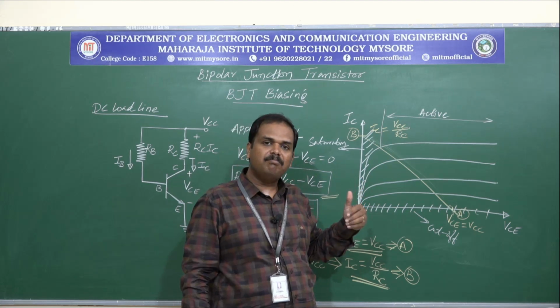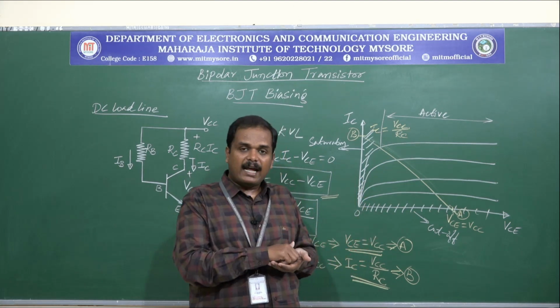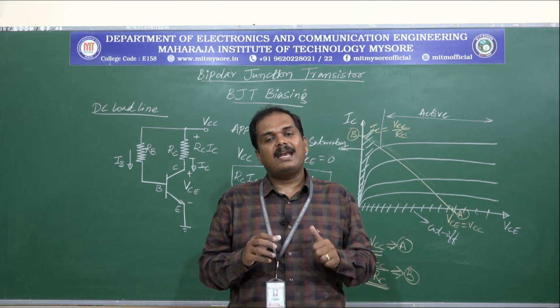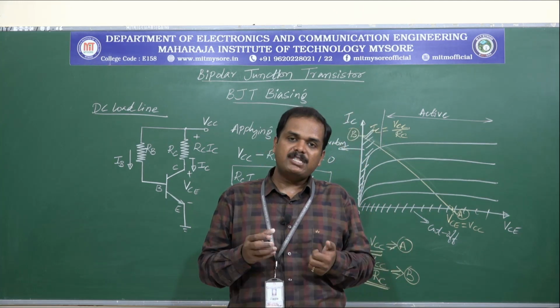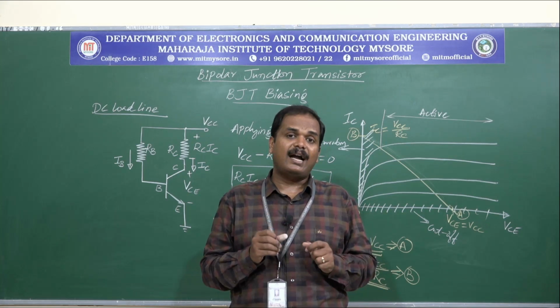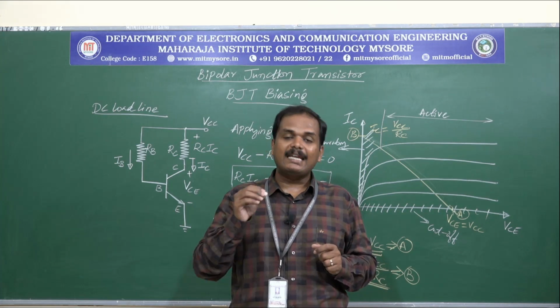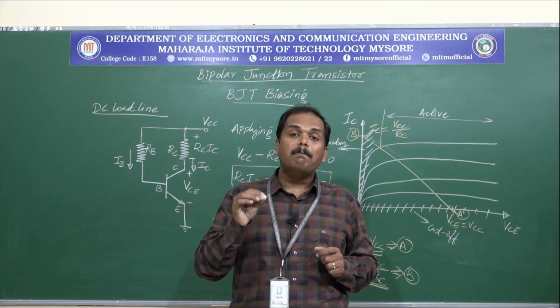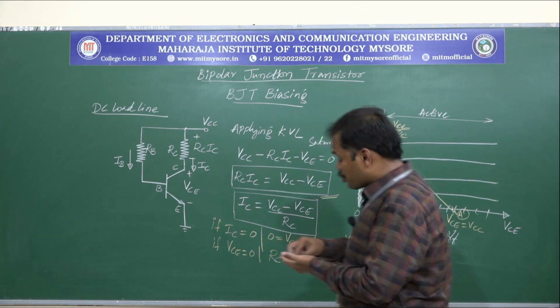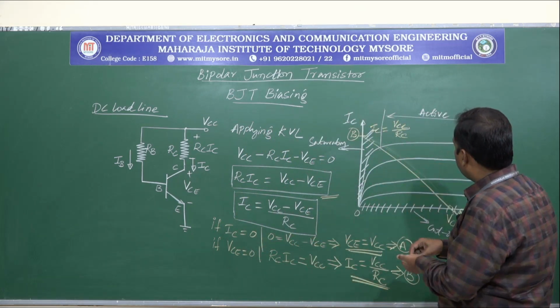Now for a transistor or a BJT to be used in an amplifier circuit, we should make sure that the operating point is set at the mid of the active region. So it should be somewhere here.